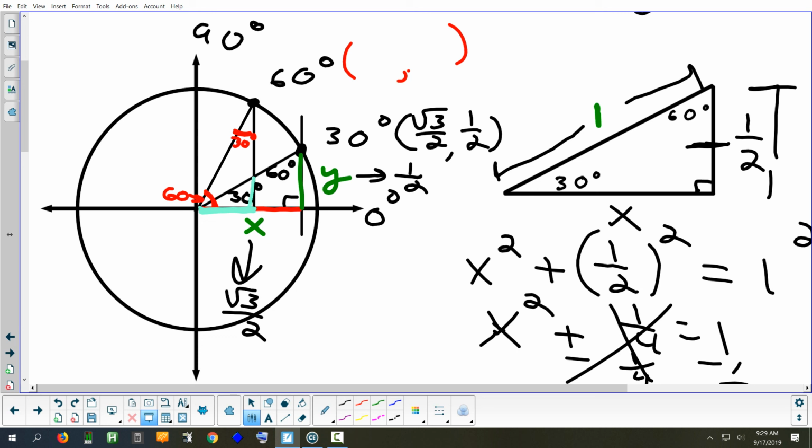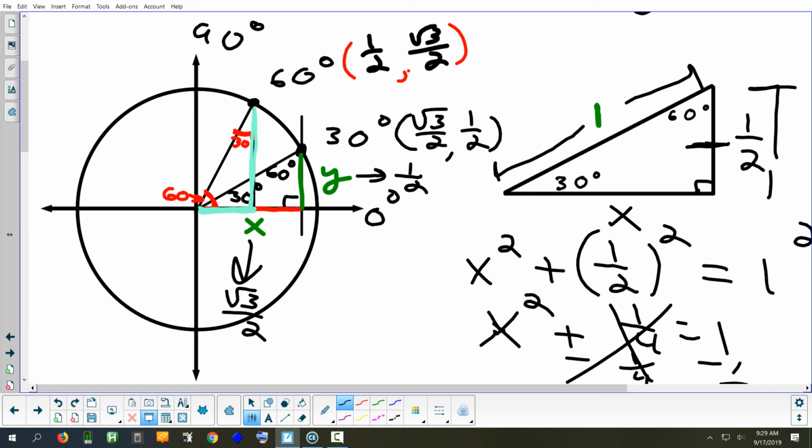And now here's your tall side. Root 3/2. So 1/2, root 3/2. So when we're dealing with 30s and 60s, you have to remember 2 numbers. You have to remember 1/2 and root 3/2. The other number you have to remember is for the 45, and that's root 2/2.